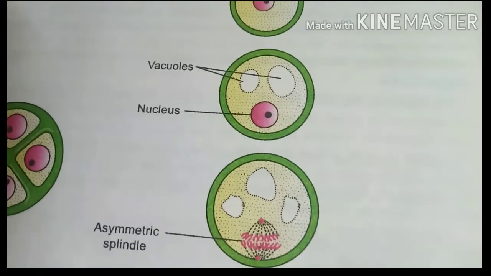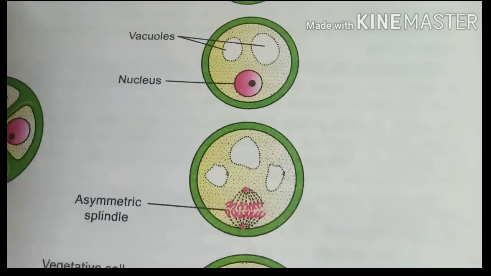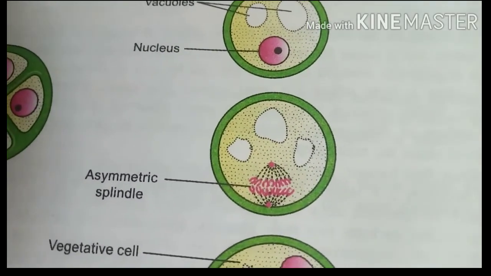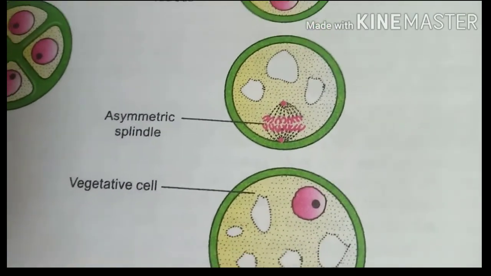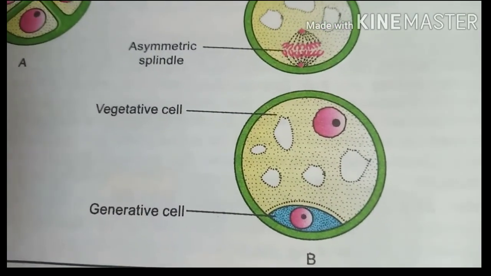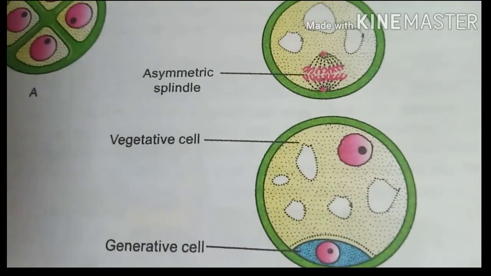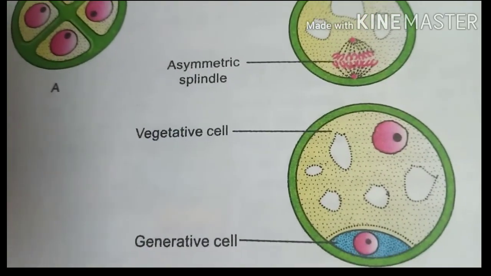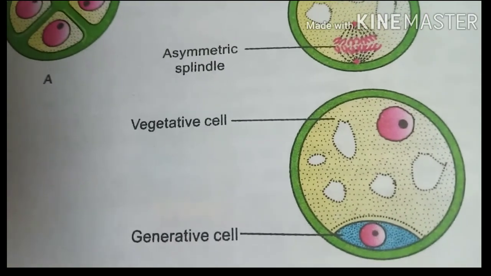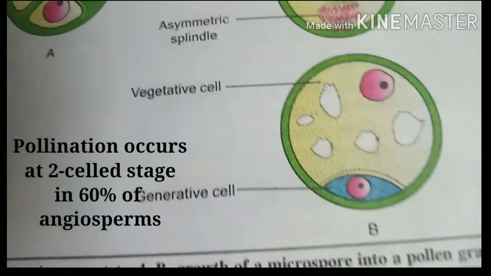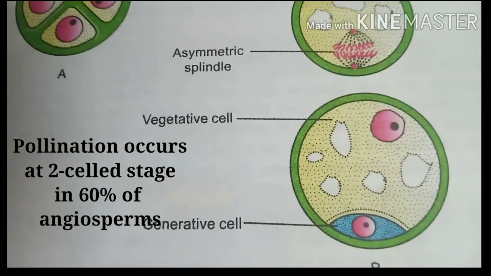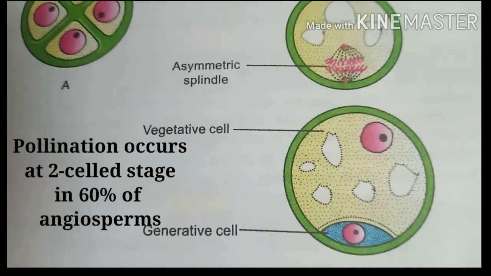Later on it undergoes asymmetrical, unequal division that results in two cells, a generative cell and a vegetative cell. This is the two-cell stage, and in most cases pollen grains are released at this stage.